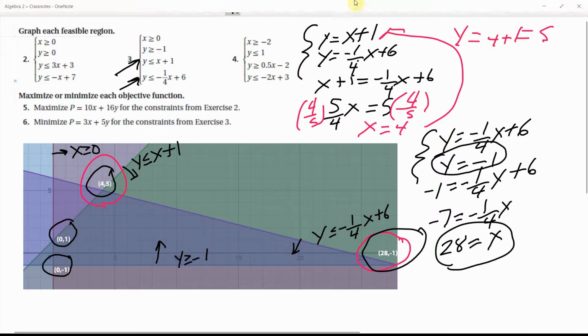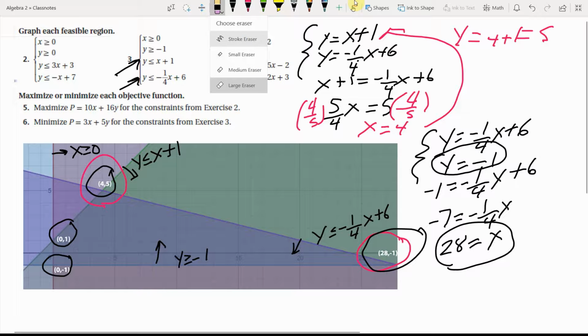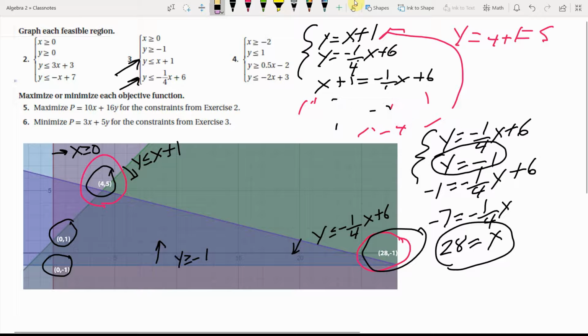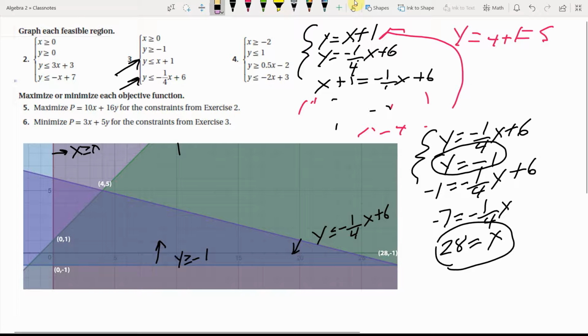Now, after we've done that, then we can go ahead and minimize the function. So let me kind of clear off the board here, because we don't need this. So let me kind of clear some things up here. And I guess I can get rid of the functions as well, because we've found all the vertices.